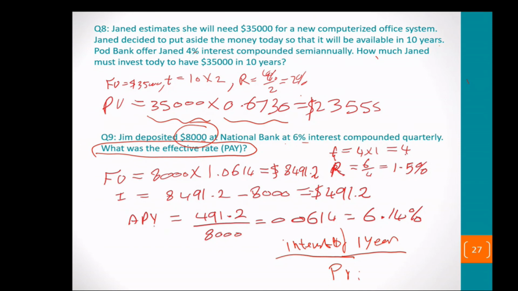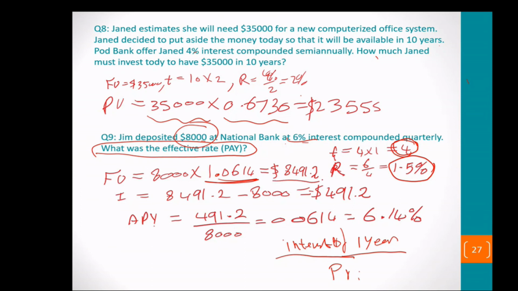Here I found it's 4 periods at rate 1.5. Compounded quarterly, 6% divided by 4 is 1.5, the rate. The periods are 4 times how many years? Because I want to find the effective rate, it should be for 1 year. 1 times 4 is 4 periods. The table factor is 1.0614 times 8,000.